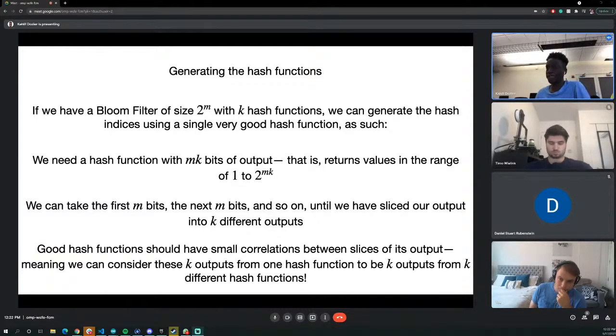We take the first m bits, that's our first hash function. Take the next m bits, that's our next hash function, and so on. And then we get k different hash functions for free, essentially. It's k for 1. Nice deal. And again, as long as the hash function is good enough, you should be able to do this with pretty high confidence that it's acceptably random.